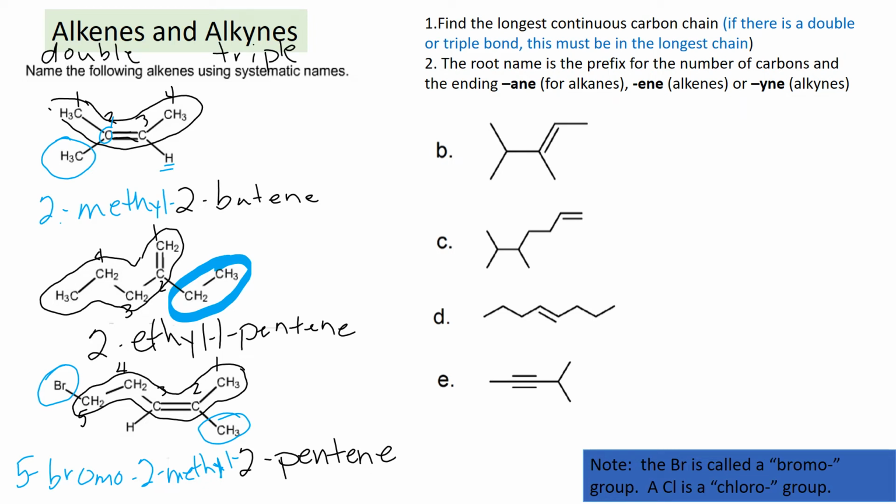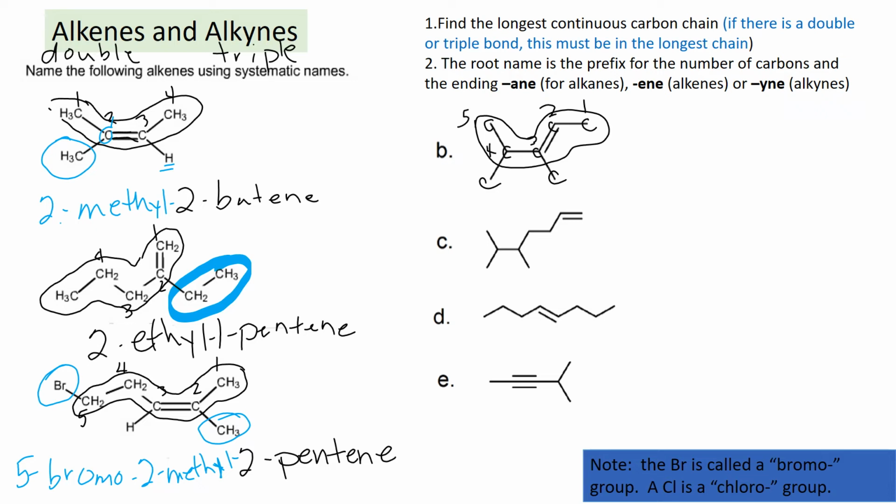So let's look at these line structures and come up with a name from the line structure. So again, we want to identify the longest chain that contains the double bond. And remember, there's a carbon at each of these spots. So those are our carbons. So our longest chain is going to be right here. I'm going to number from this end, closest to the double bond.